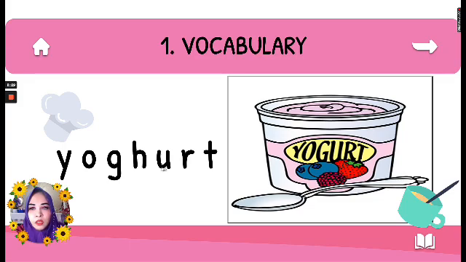The first one is yogurt. Y-O-G-H-U-R-T, yogurt. In Bahasa Melayu we also call it yogurt, right? Yogurt is sour-ish, from milk, and they blend it with fruits.